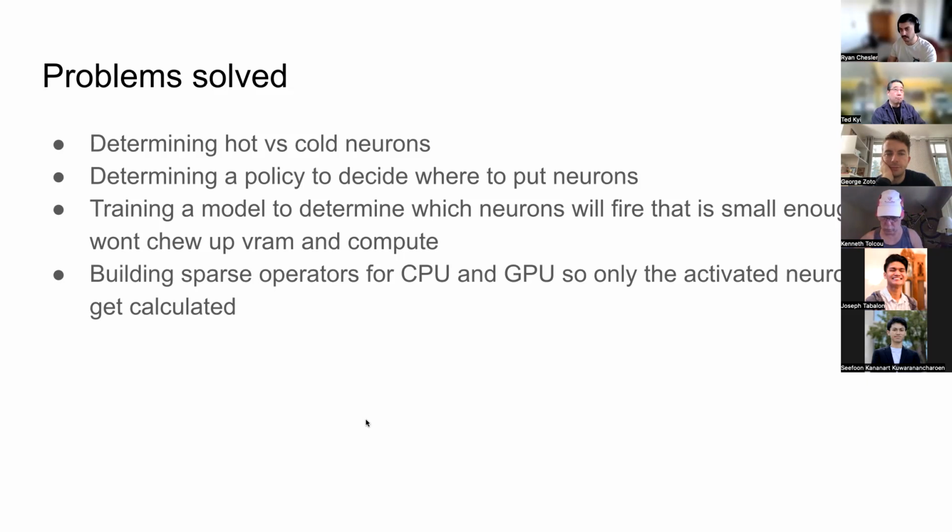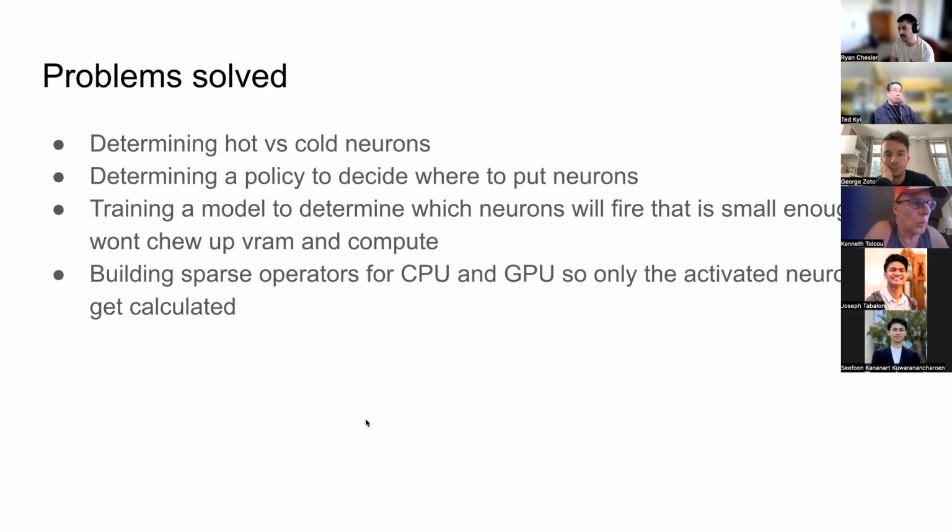So you already have a split of hot versus cold neurons on CPU and GPU. But if you can also say which of those cold neurons are going to fire, then you can reduce that even further. Then the CPU is doing a fraction of a fraction of the inference, and it becomes actually useful for the CPU to do it.